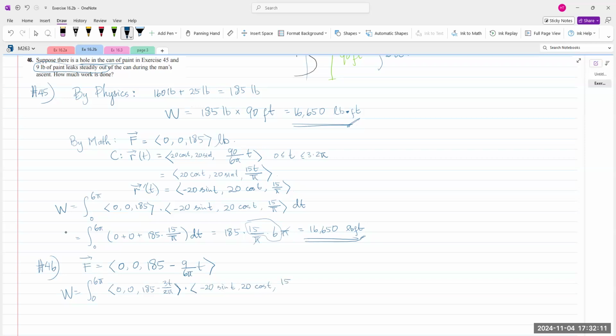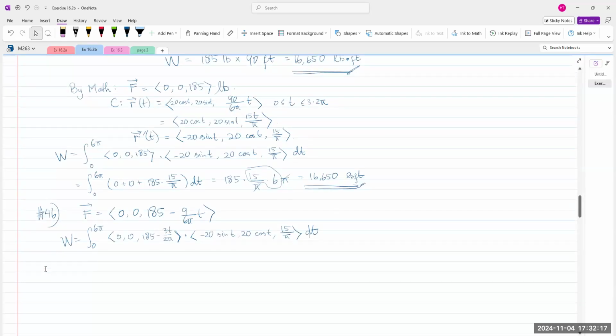The same path. Now, this will give us the integral from 0 to 6 pi of 185 minus 3t over 2 pi, times 15 over pi dt.